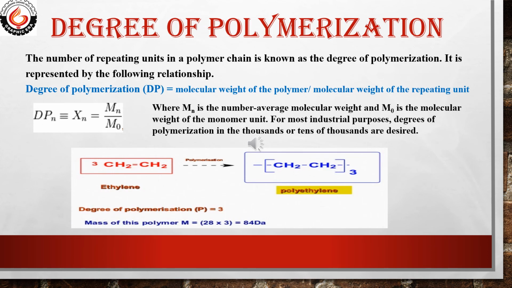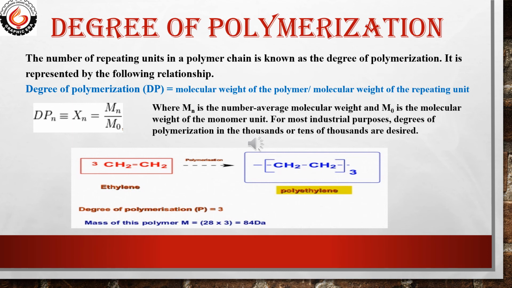Degree of polymerization. The number of repeating units in a polymer chain is known as degree of polymerization. Degree of polymerization is represented as DPn or Xn. Mathematically, DP is equal to Mn upon M0, where Mn is the number average molecular weight of the polymer and M0 is the molecular weight of the monomeric unit.